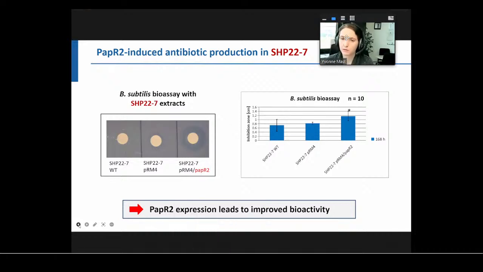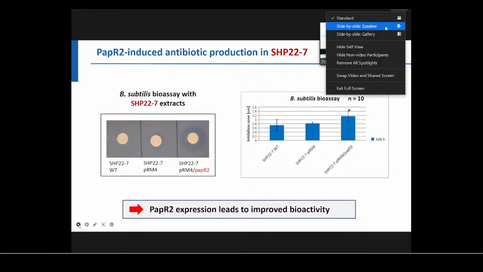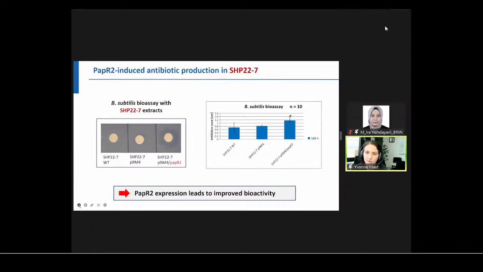And one of the interesting strains that turned out from this analysis was SHP-227, which showed quite good activity. We just randomly used that strain and performed our SARP-guided activation strategy with it. So we cloned in our PAPR2 overexpression construct into SHP-227 and got extracts of the cultivation of the strains and tested them against Bacillus subtilis as a test organism.